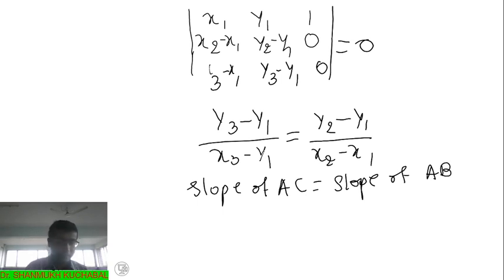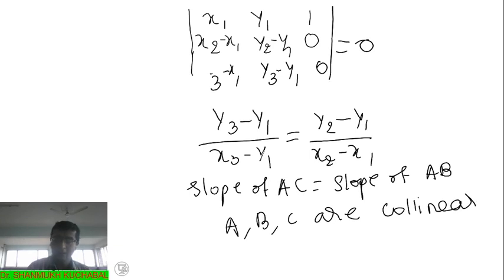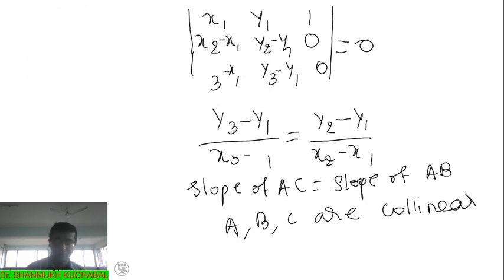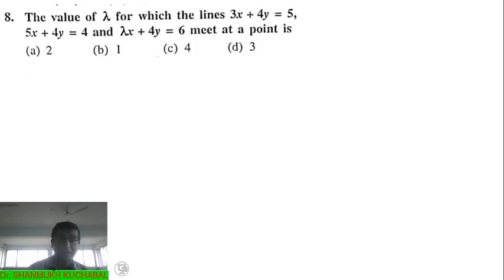Therefore A, B, C are collinear. This is the condition of collinearity: slope of AC equal to slope of AB, then A, B, C are collinear. We'll check which is the right option. We observe that option B, they are collinear, is the right answer. Like this we have to simplify. We'll move to the next example.